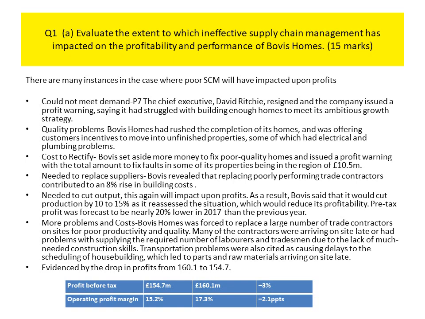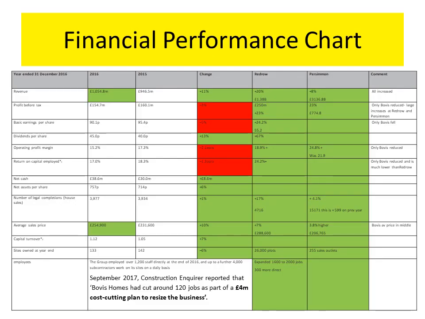So huge areas, and obviously you would quote some of these figures, and there's lots of detail there that you could cite. I've done a summary chart here of financial performance of Bovis versus Redrow and Persimmon. These are given in the case study, but they haven't included them in the table, so I've included a table here to compare.